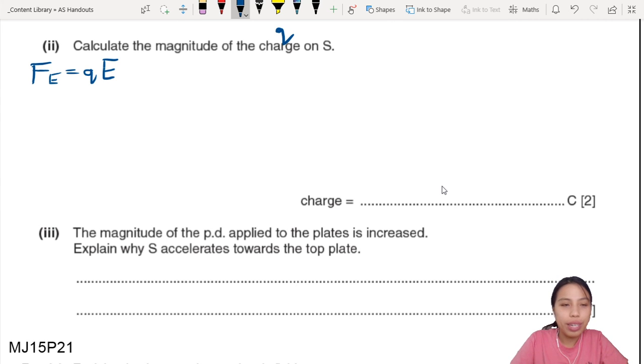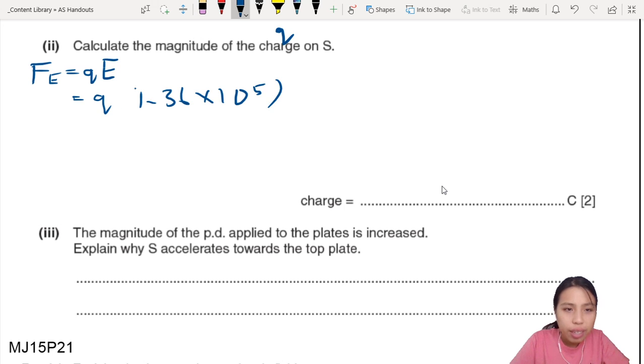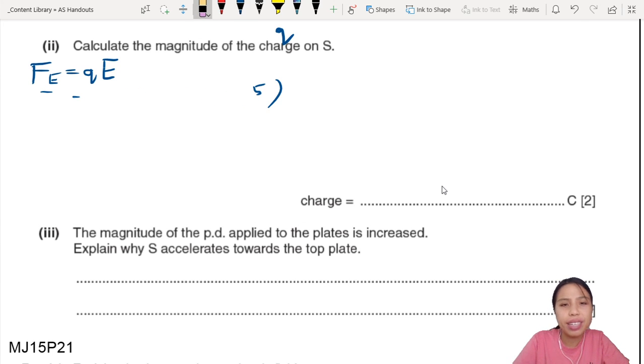But we don't know what F is, because if you just do this, Q equals, what's E? 1.36 times 10 to the 5. Then you don't have enough information, you can't find Q. Sad face. But you have to remember, all these questions are connected from part A to part B, part C already.